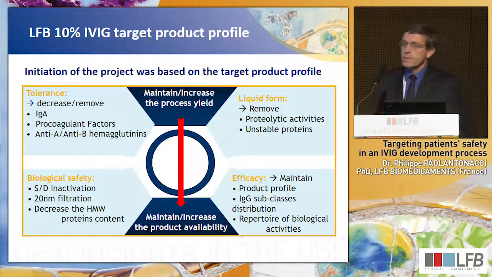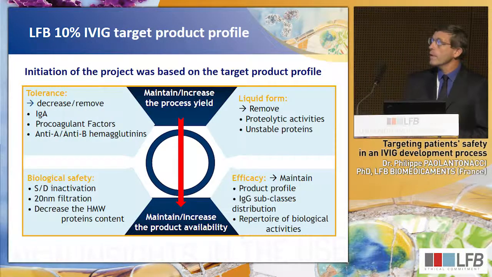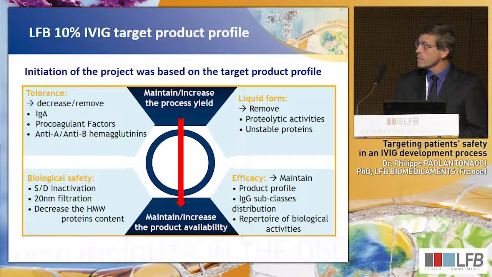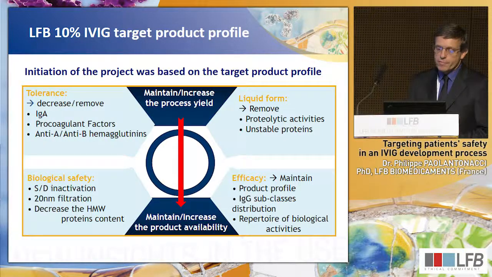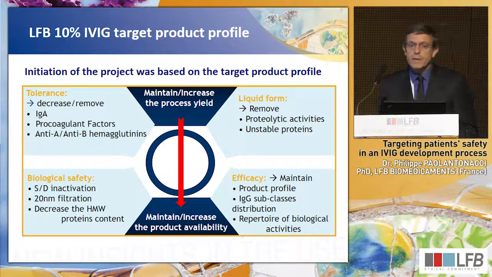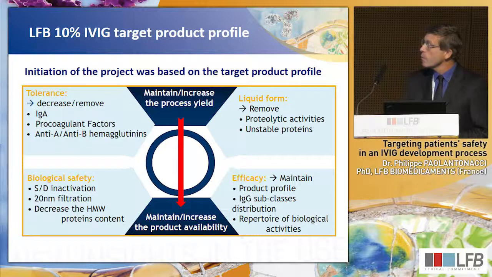At first, for the project, we have to define what product we want to target. For IVIG, it's quite common to talk about tolerance, with decrease or removal of some impurities like IgA, procoagulant factors, and hemagglutinins. The other topic is related to liquid form, with the removal of proteolytic activities and some unstable proteins.